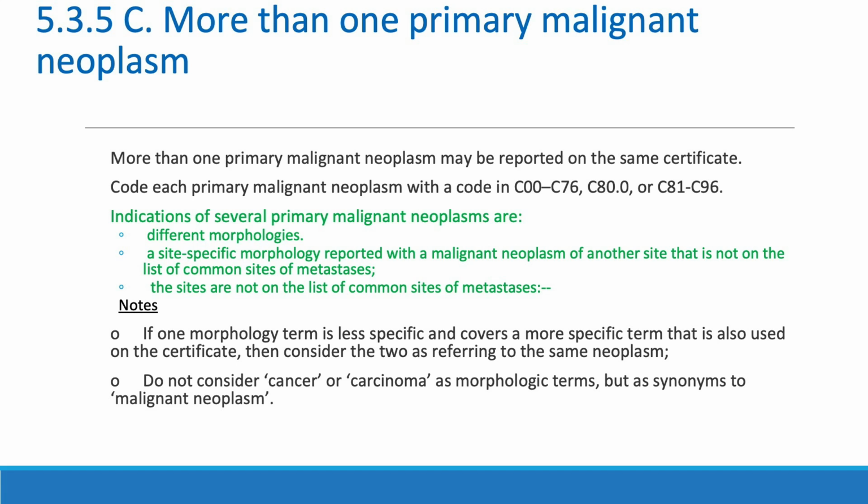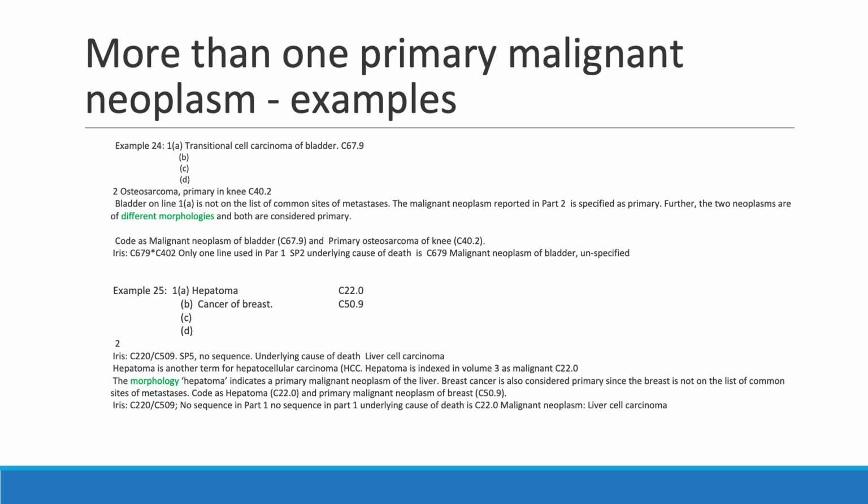This slide provides 2 examples of cases with more than one primary malignant neoplasm. It explains that if the neoplasms are of different morphologies and not on the list of common metastasis sites, they should be coded as separate primary neoplasms.